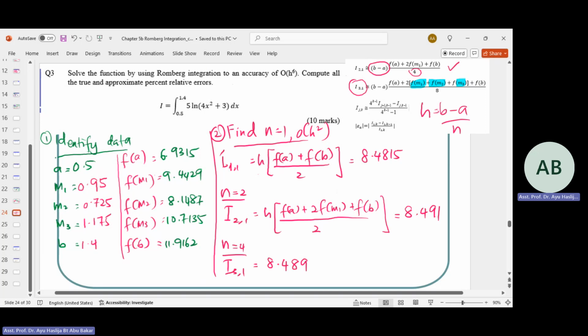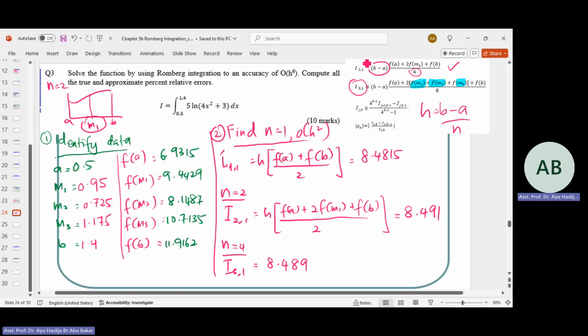M1 is the midpoint number 1. Midpoint number 1 is when you have n equals to 2. So divide the segment, so you get M1. Okay, so this is your M1, the first midpoint.